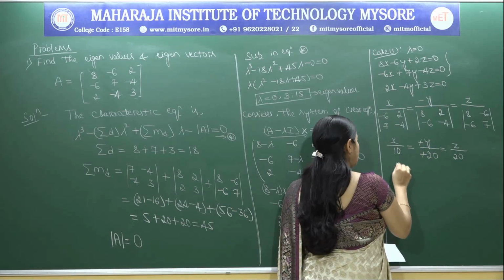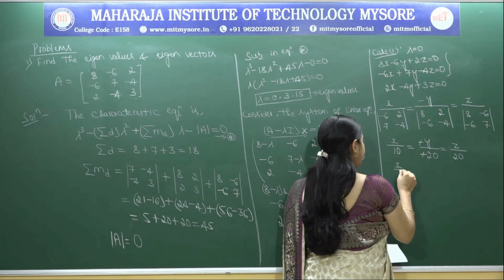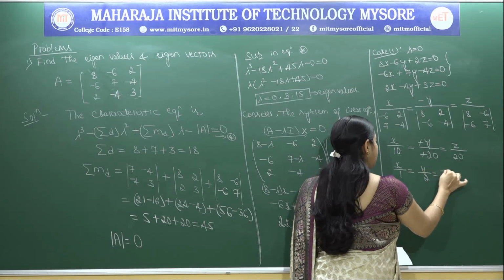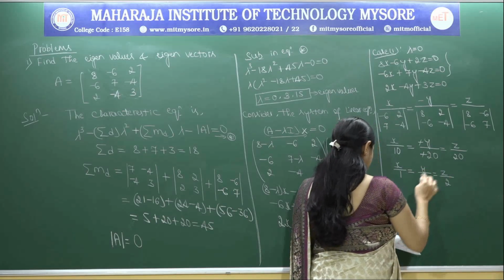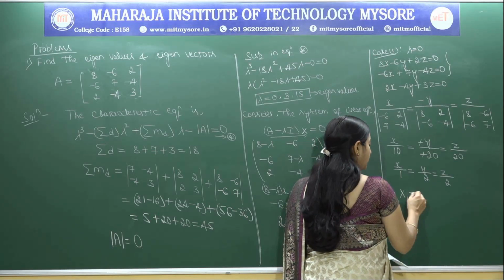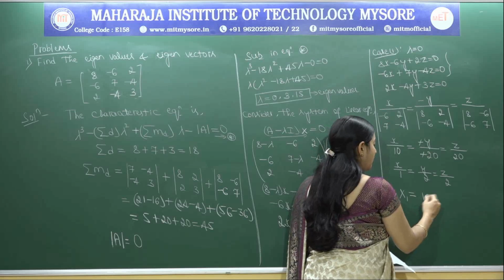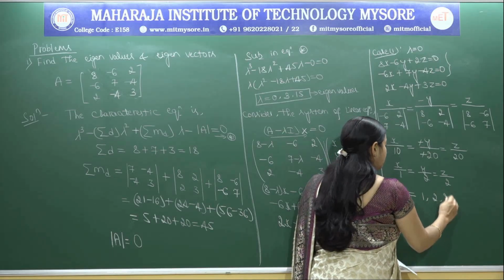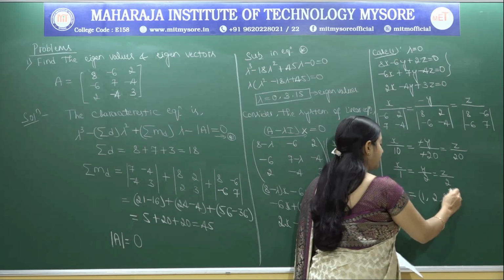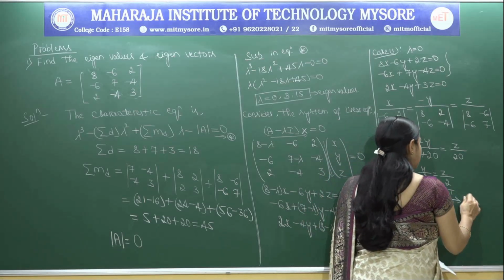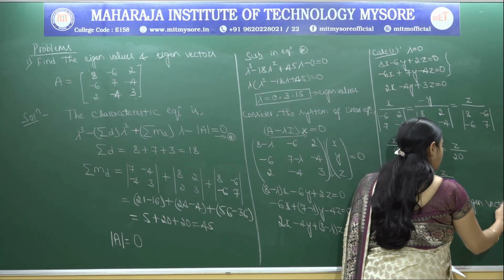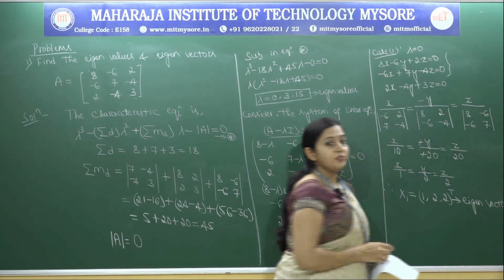So you can reduce this by dividing by 10: x by 1, y by 2 and z by 2. Therefore, you can write x1 equals, the first entry is 1, second one 2, the third one is 2. Write this in a column, so I take the transpose. This is the eigenvector for the eigenvalue lambda equals 0.